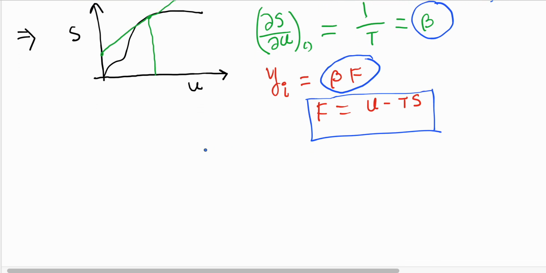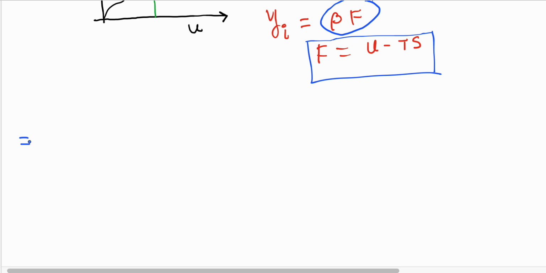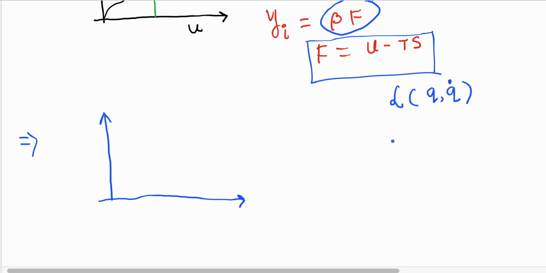Now in a similar manner, in the question it is asked what is the Legendre transform of the classical Lagrangian. As we all know, the Lagrangian is a function of q and q dot, and from the equation of motion we know that momentum is equal to del L del q dot.